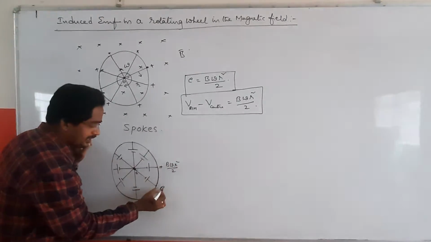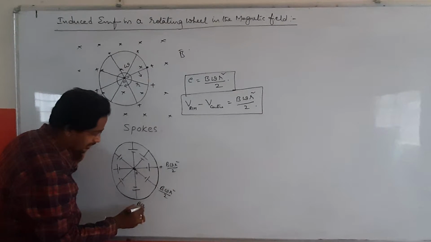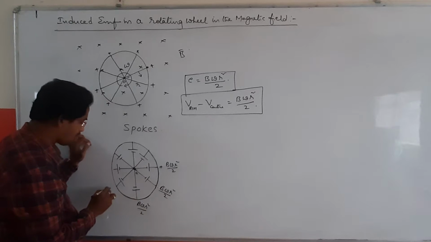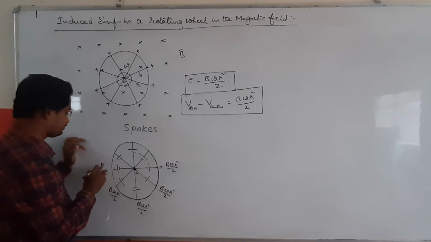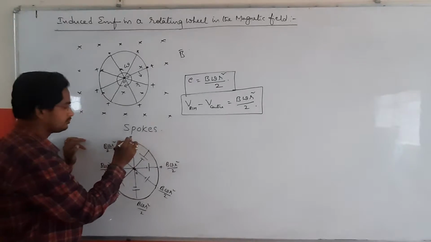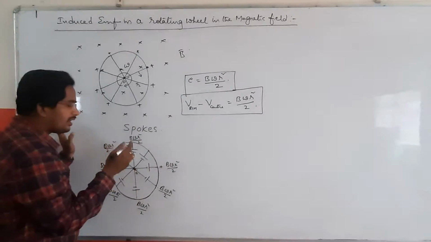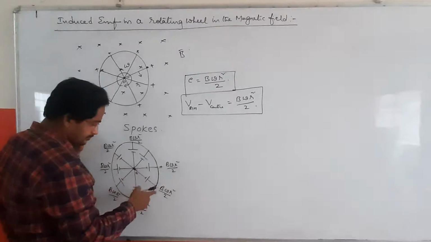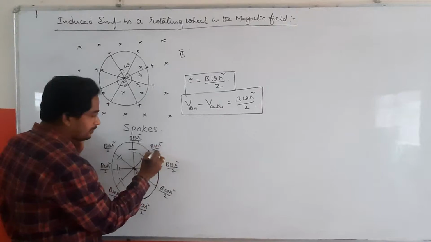Here also B omega R square by 2. Like that, every point on the ring is at a potential of B omega R square by 2.